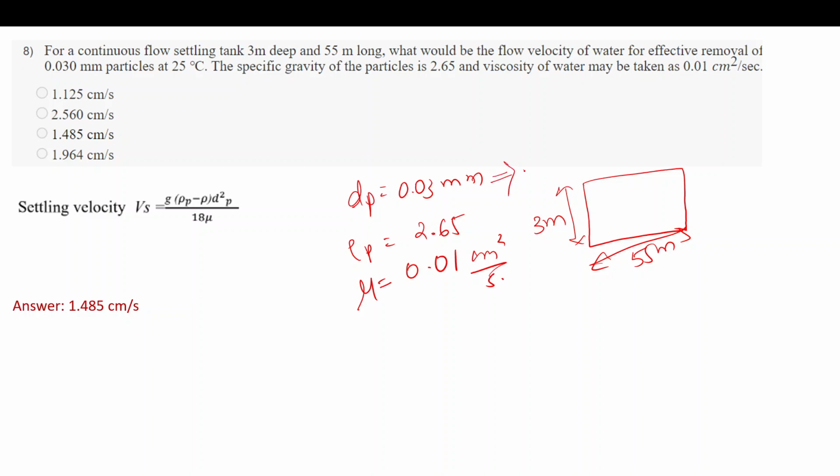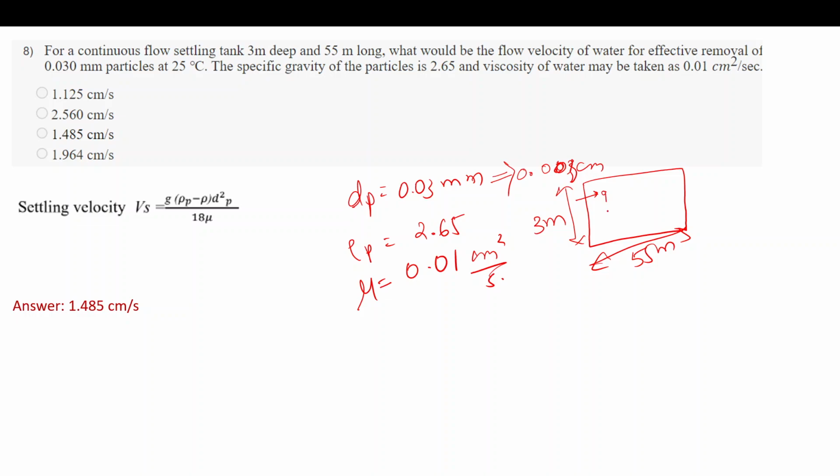So 1 mm is 0.1 centimeter, so this would be 0.003 centimeter. Okay, now let's understand the question. Let's say a particle is coming from this point. It wants to settle and it has to travel vertically a 3-meter distance, and lengthwise it has 55 meters distance to travel.